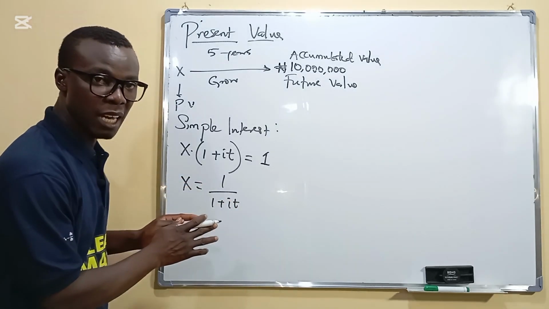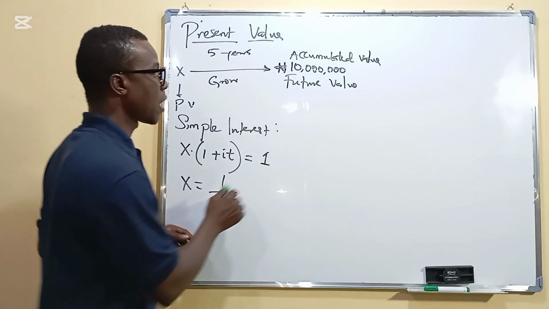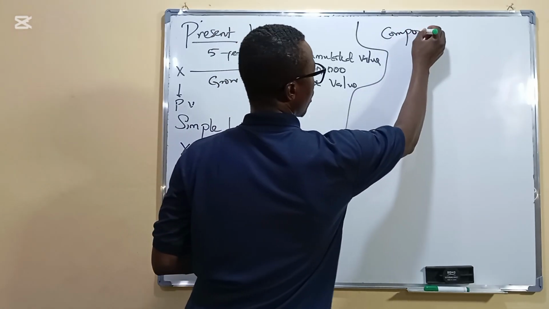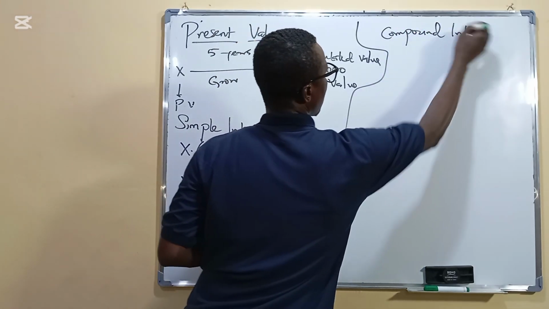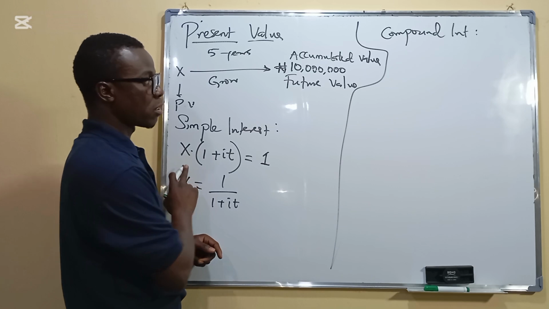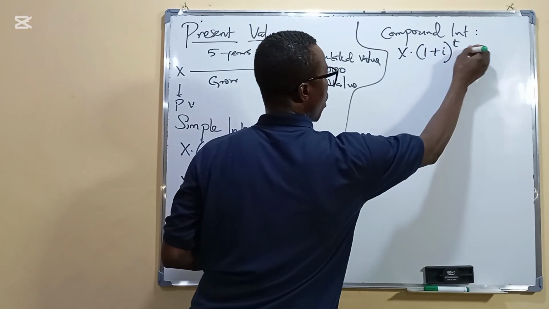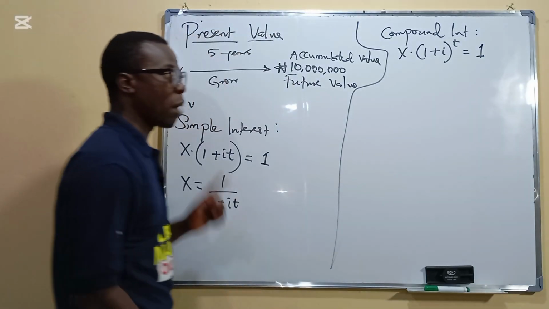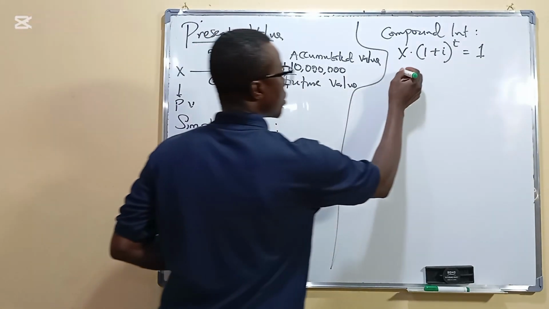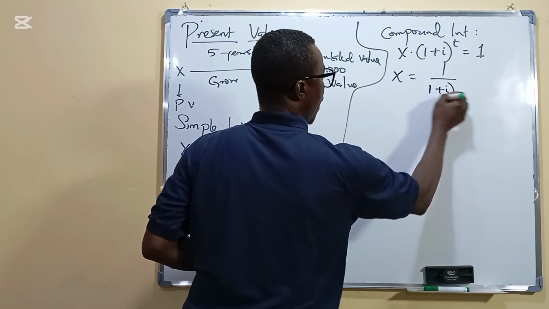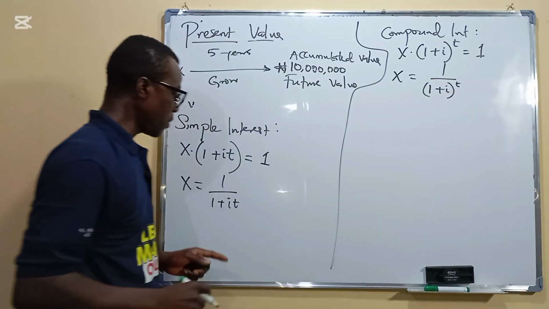So that's the simple interest sense. How about in the compound interest? If it's a compound interest, that's to say the present value times 1 plus i raised to power t to get a unit amount, that is 1. So I'm going to say x will be equal to 1 over 1 plus i raised to power t.